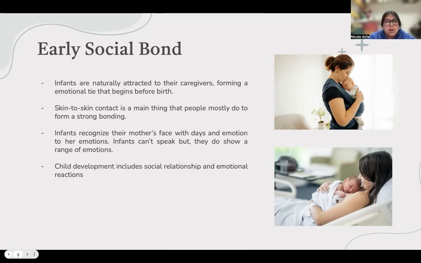Early development also helps shape the child's future relationships as they go on growing, their health and their emotions, and the early bonding and attachment that they need as they're growing up.